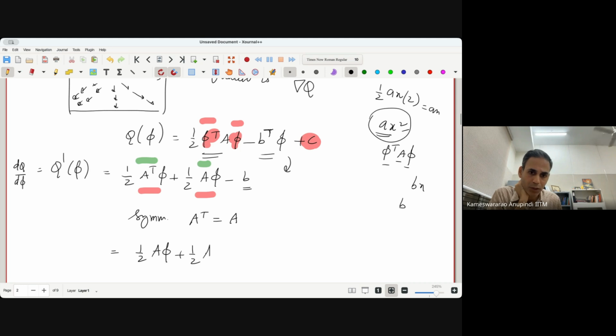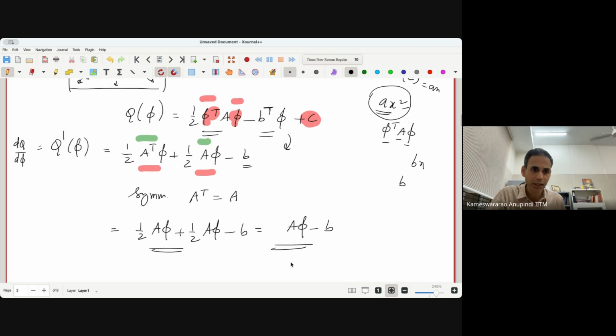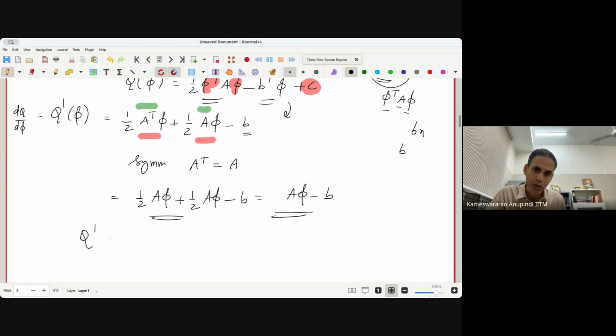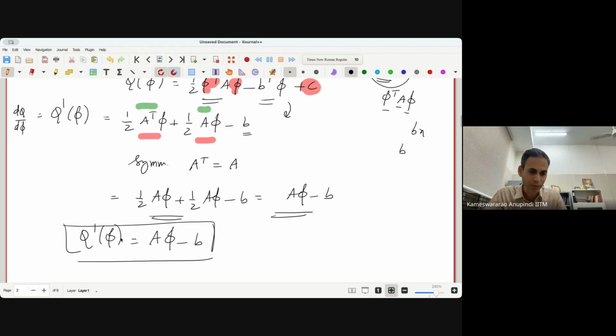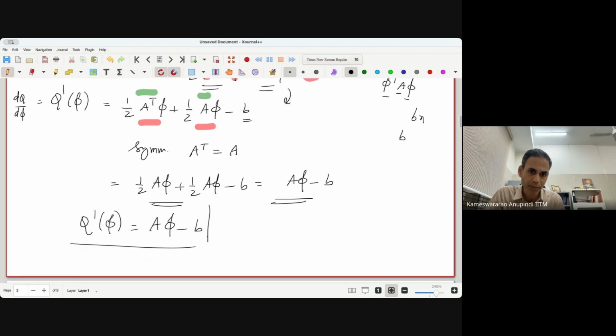The second one is also half of A phi minus B, so the two halves add up, and we have A phi minus B. So the derivative, the gradient of Q of phi, is A phi minus B. That is the result we keep in mind. I think we are now on track to what we want to solve.